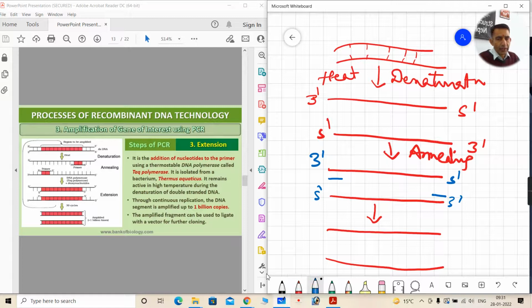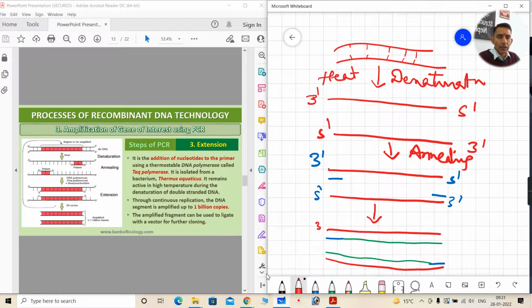So this is our template strand. Now, one by one, reading this template strand, a new strand of DNA will be formed, and it will be going from 5' to 3'.